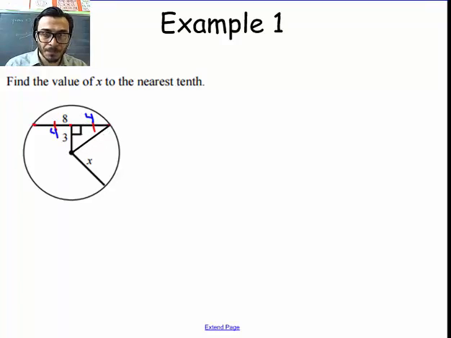So this radius here is of course equal to this radius here, right? All the radii are equal to each other, so I could label this x. Now you can see why I drew that other radius, because if I could find what x is over here, I will in turn find the value of x, which is what I'm being asked to do.